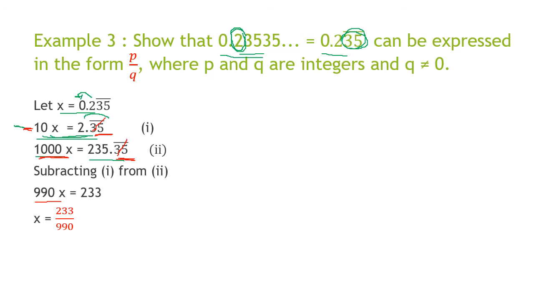So 1000x minus 10x is 990x. After the decimal point, because it is repeating, we cut off. So we are left with 235 minus 2. What is 235 minus 2? It is 233. So x equal to 233 upon 990.